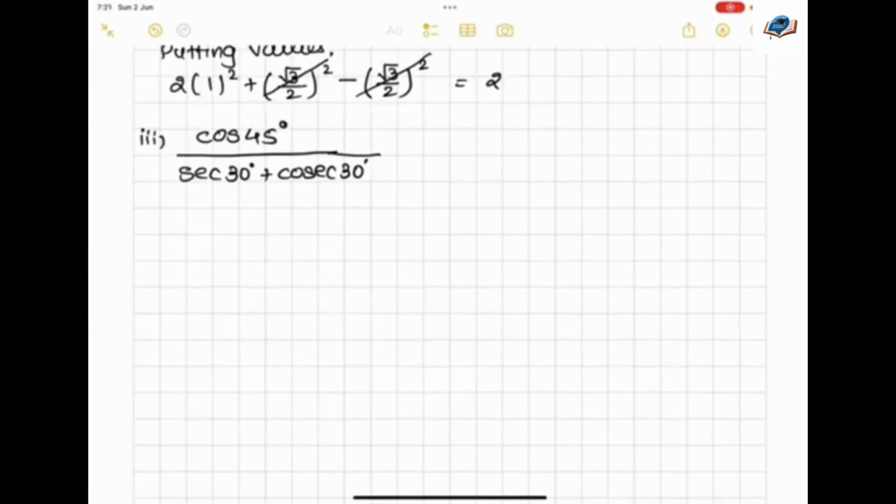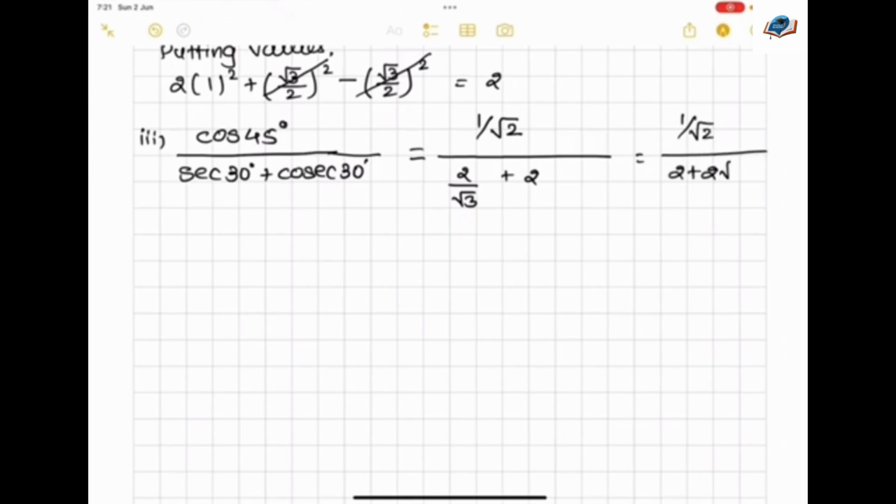Then the third one is cos 45 upon sec 30 plus cosec 30. Putting the values directly, 1 by root 2 whole upon sec 30 which is 2 by root 3, plus cosec 30 which is 2. That will be 1 upon root 2 over 2 plus 2 root 3 upon root 3.